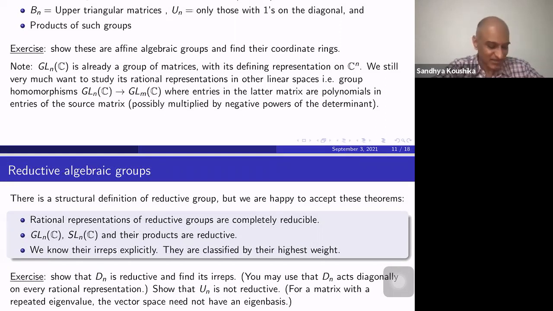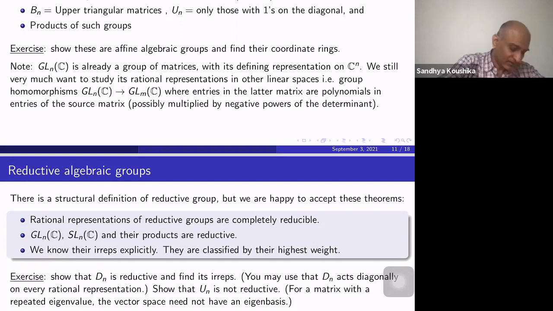You should probably use the fact that if the diagonal matrices Dn are acting on any rational representation, then each one of them will still act diagonally. This is not an obvious fact, but it is true. The irreducible representations of the diagonal group are the starting point of this highest weight theory. They're all one-dimensional, and you should find them.